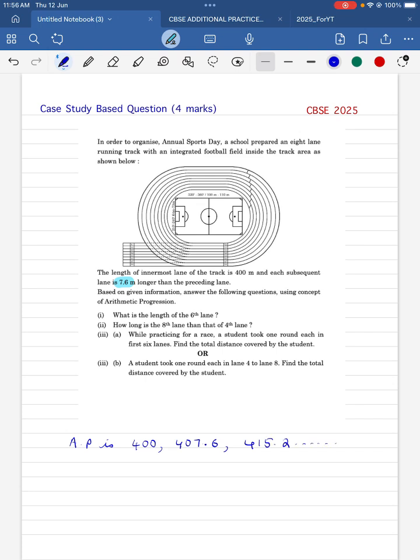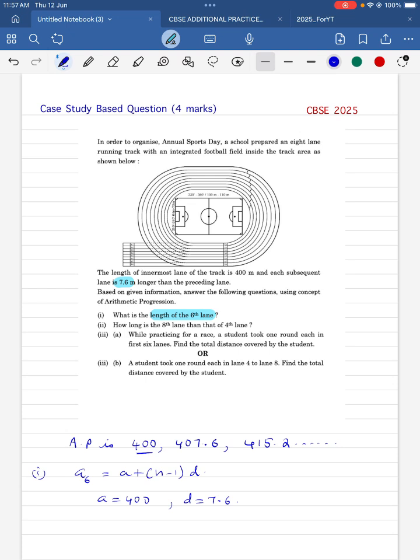Now in the first part, they're asking you to calculate the length of the sixth lane, which means they're expecting you to find the value of A6, which is a plus n minus 1 into d. In this case, a is 400, the first term of the AP. The value of d is 7.6 because they've given that every subsequent lane is 7.6 meters longer than the preceding lane, which means the common difference is 7.6.